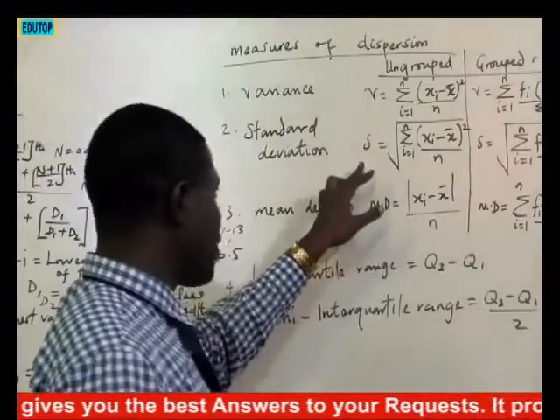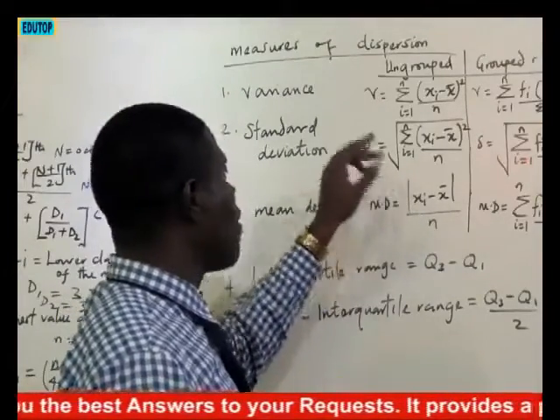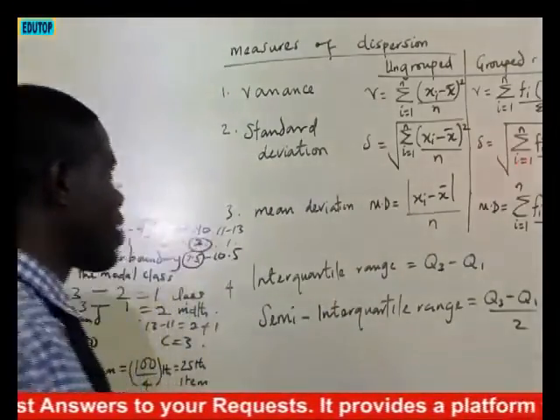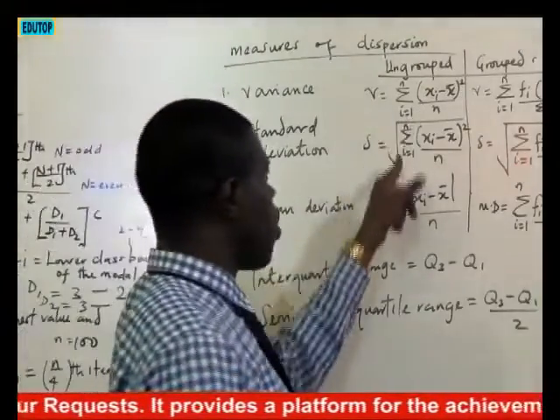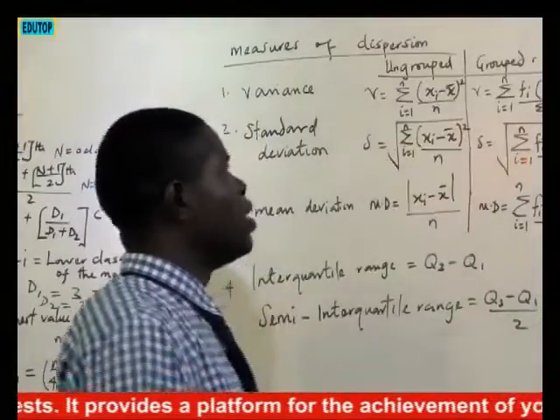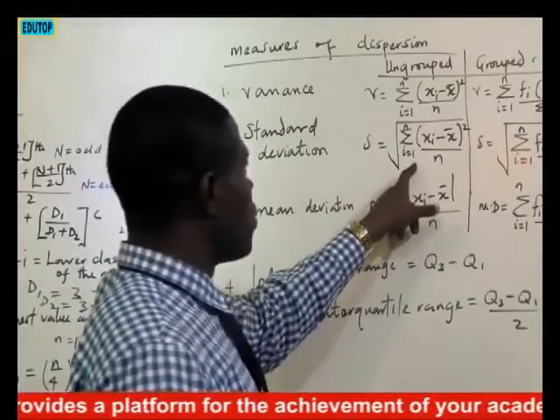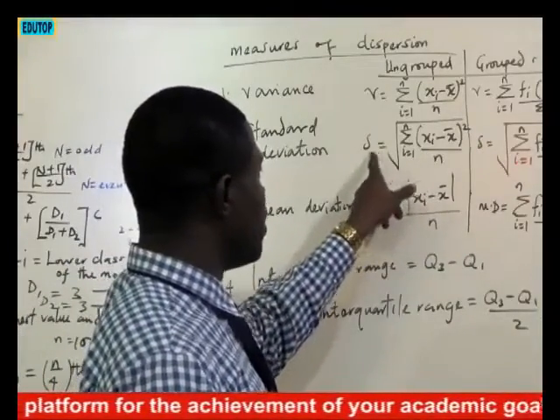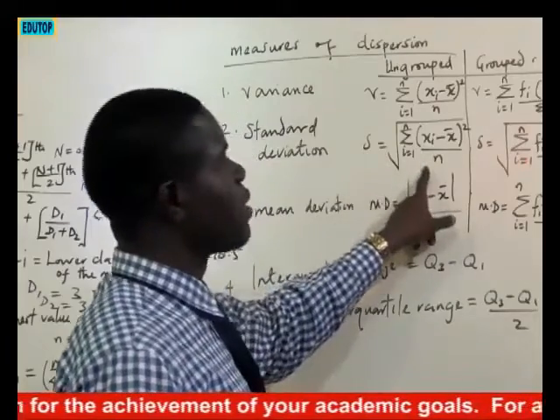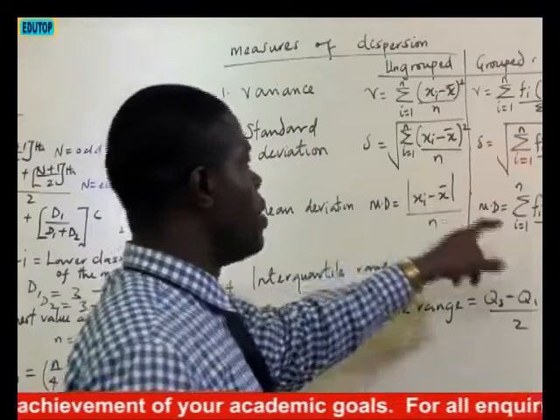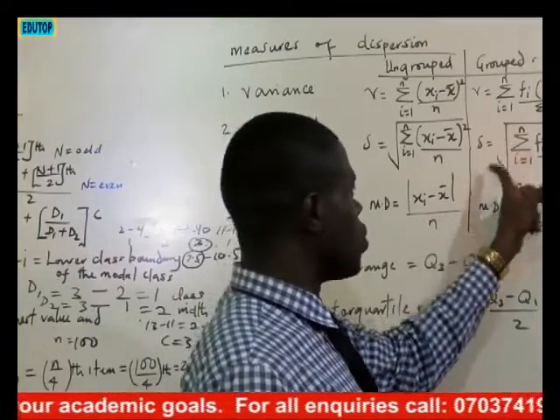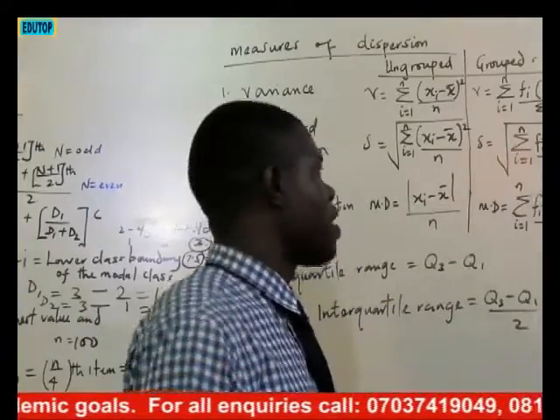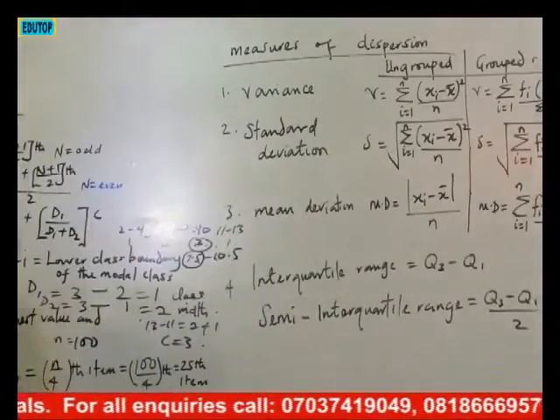Since we know that our standard deviation is the square root of our variance, you should know that relationship: standard deviation is the square root of what? Variance. So whatever our variance is, all we need to do is take the square root. That's why the standard deviation has this formula. Then for grouped data, all you need to do is take the square root of the variance, and you have your standard deviation.